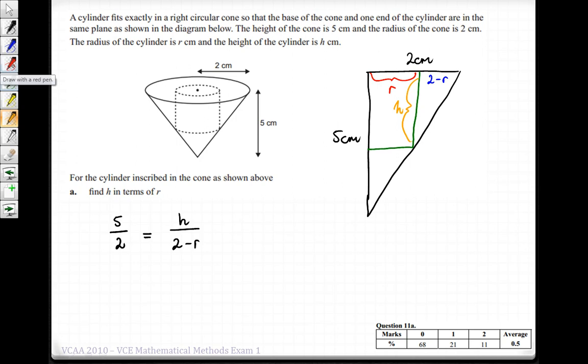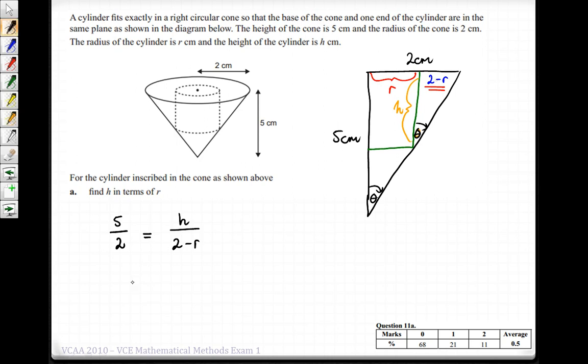If I put it in black, we're talking about this angle here and this angle here as being the same magnitude. So we have to look at this 2 minus r, not just r. All we've done is taken the ratio between the 5 and the 2 and the h and the 2 minus r.